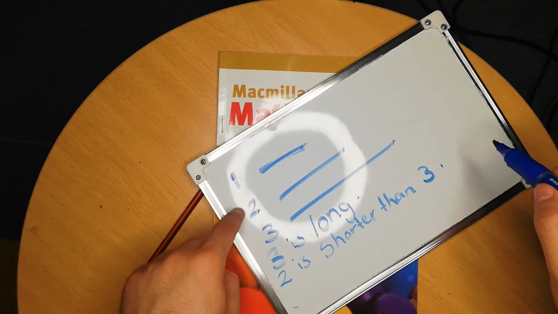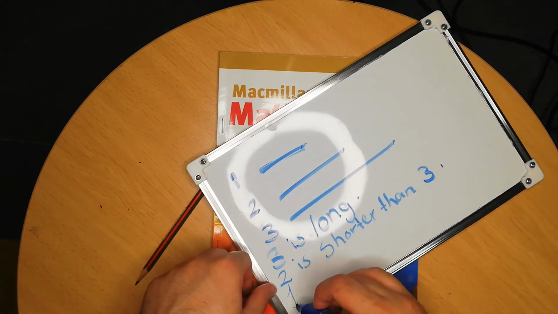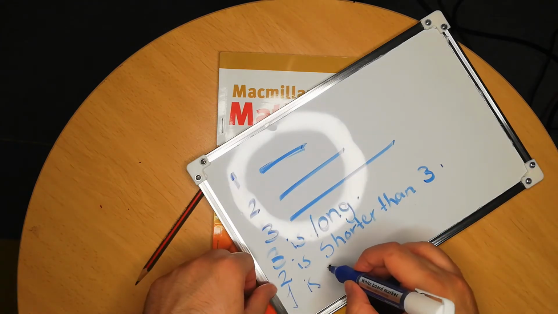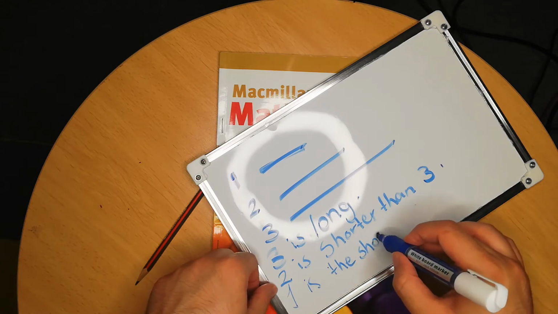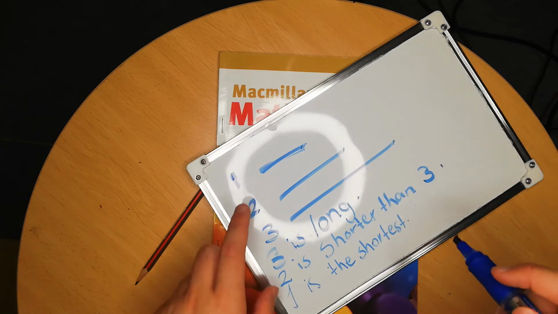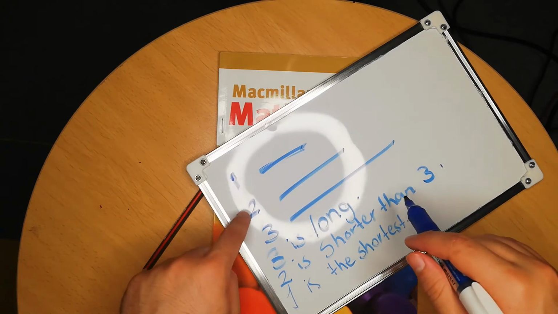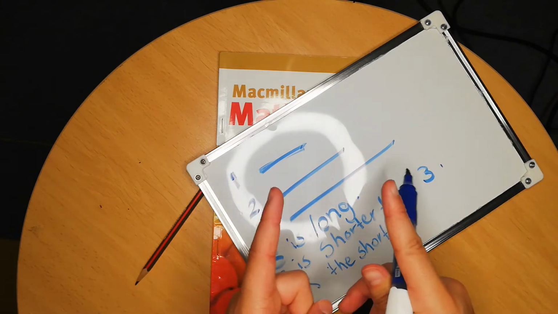So 2 is shorter than 3. 1 is the shortest. We can also say 1 is shorter than 2. 1 is shorter than 3 because it's short.